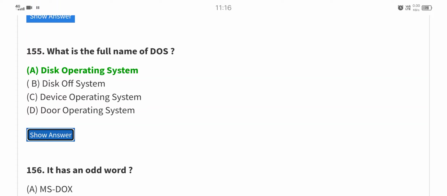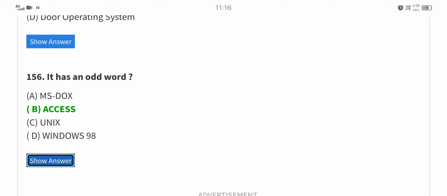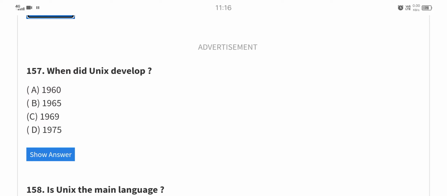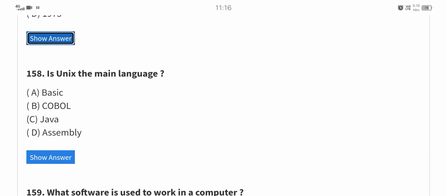Disk Operating System. When was Unix developed? 1969. Is Unix the main language? Assembly.